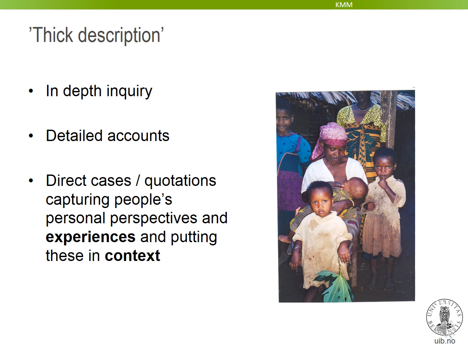A study needs detailed accounts, and what we use for these detailed accounts can be direct cases that are descriptions of a particular event or a particular life course or a particular disease or illness experience, or it could be quotations capturing people's personal perspectives and experiences, and importantly, putting them into context as we described in an earlier slide.